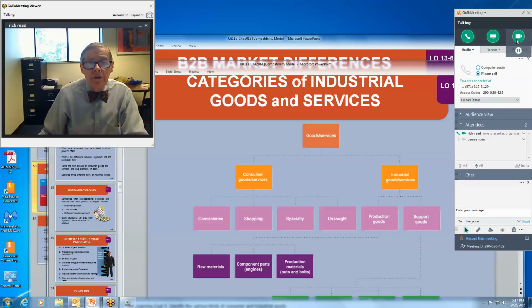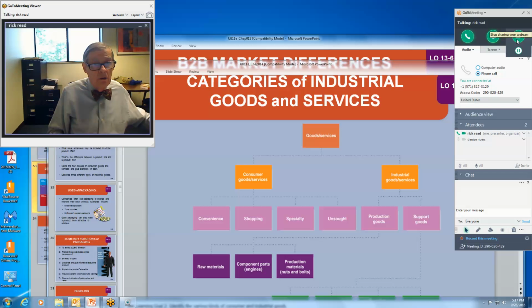Now, this gives us a graphic display, if you will, of categories of industrial goods and services. This can be found in figure 14.2 at the top of page 397. And notice we also show here the consumer goods and services on the left-hand side.